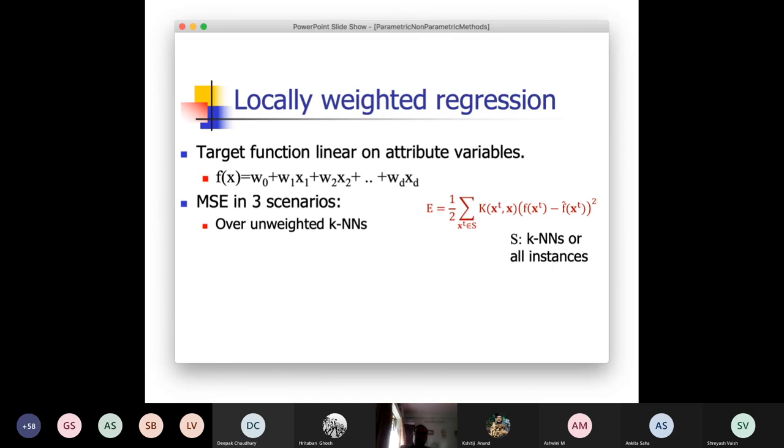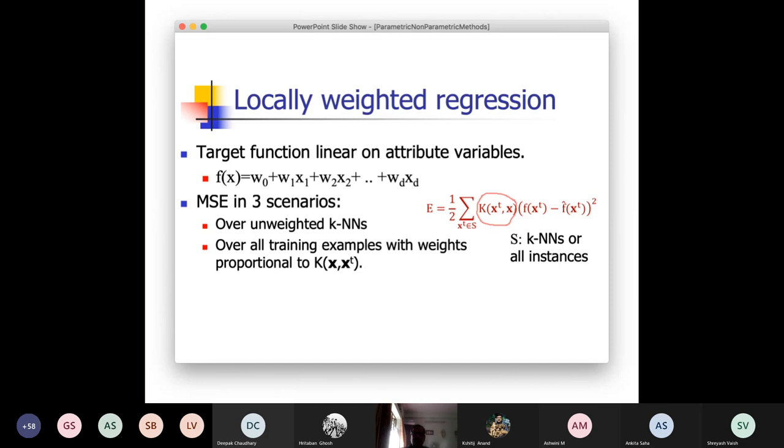We can see that. So if you have unweighted k nearest neighbors, then you can simply ignore the weight coefficients in this form. So this you can ignore, right, for the unweighted one. Right, and so over all training examples with weights proportional to K(x, xt).